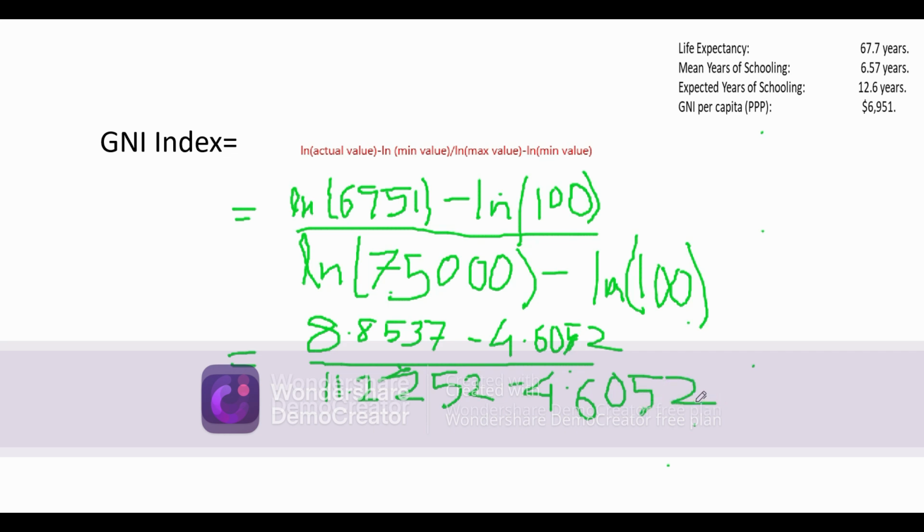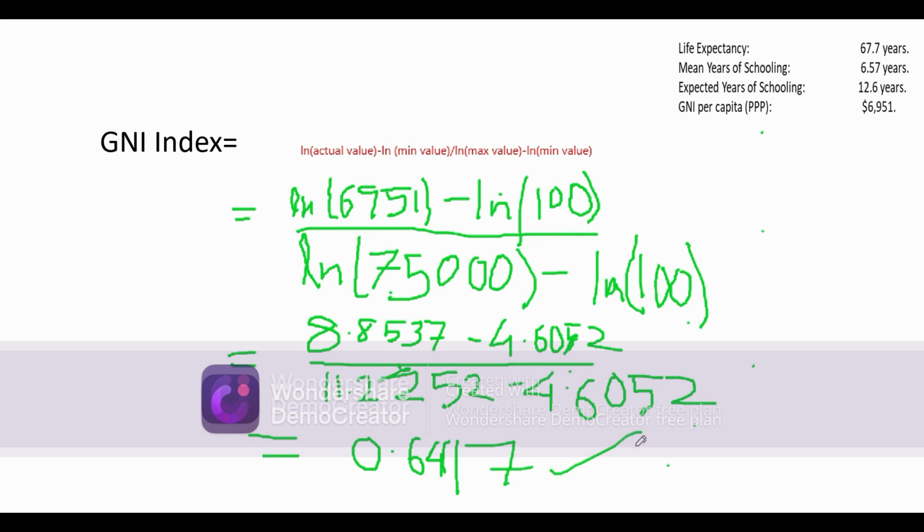So if you simplify, you'll get the GNI index as 0.64117. Okay, so this is the GNI index.